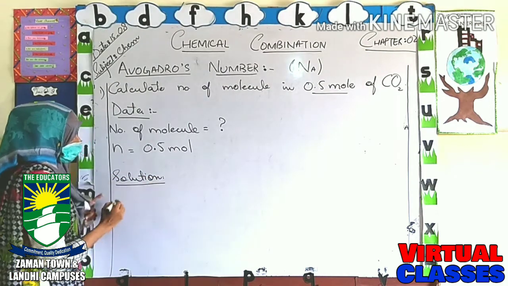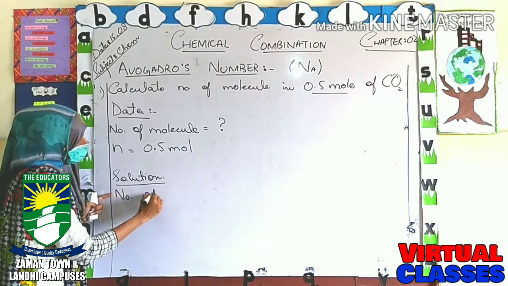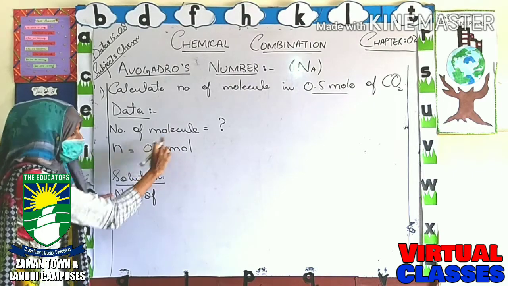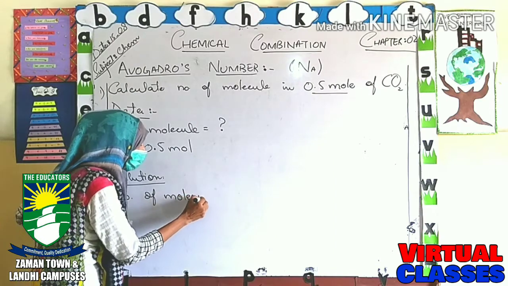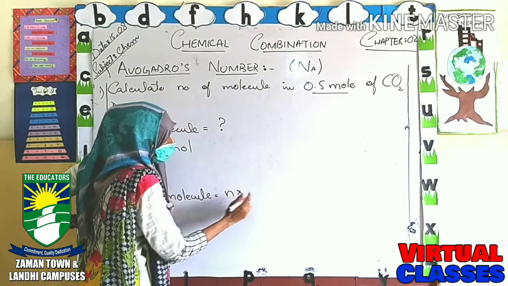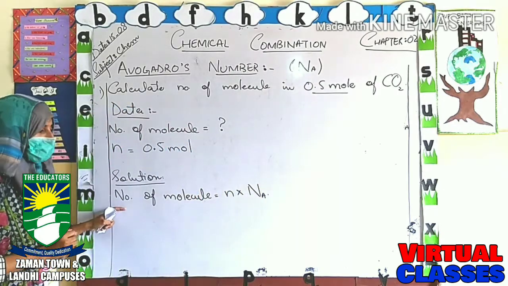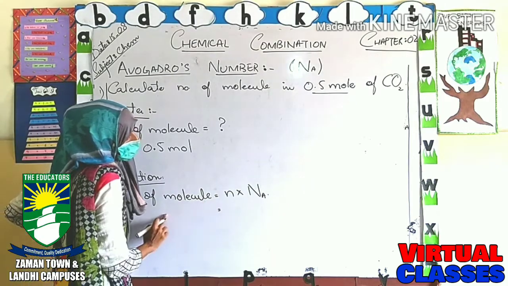Now, what was the formula? Solution. Tell me the formula. In this numerical they are saying to calculate number of molecules, so here we will mention number of molecules. The formula is number of moles multiplied by Na. Simply put the values. Number of molecules we don't know.